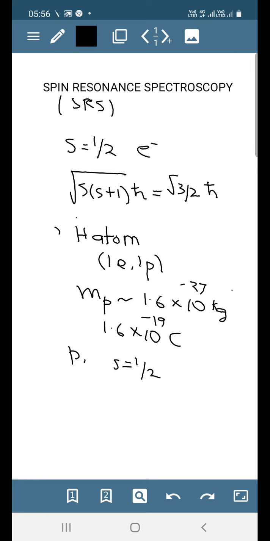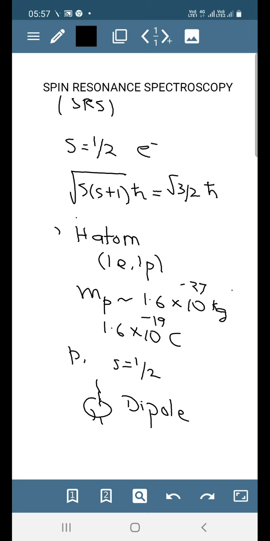A charged particle spinning about an axis produces a magnetic dipole. A dipole we can consider as a tiny bar magnet.